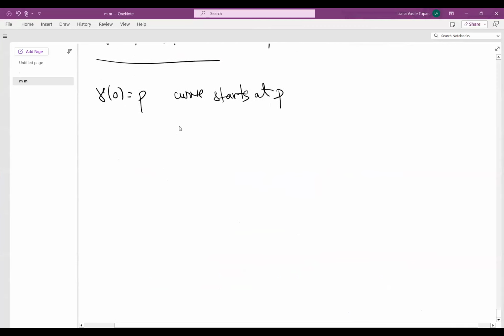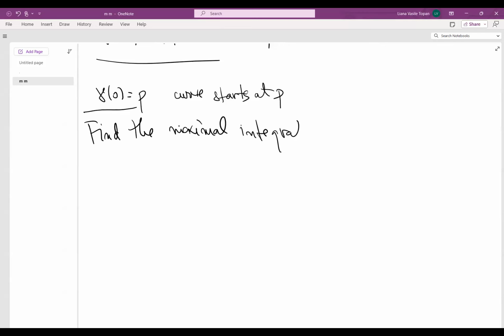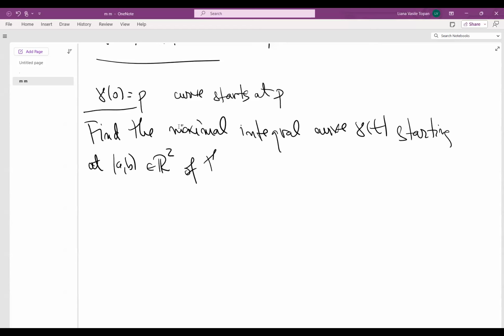So let's take this example also. Find the maximal integral curve gamma of t starting at (a, b) of the vector field.